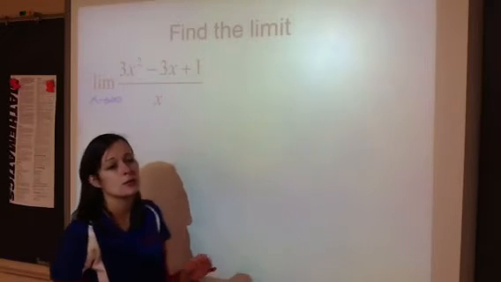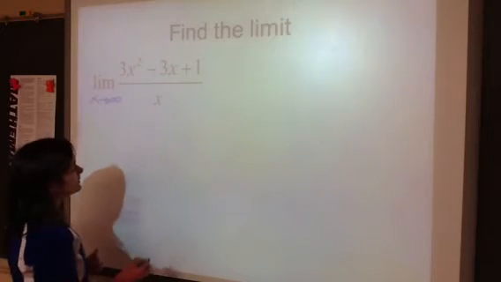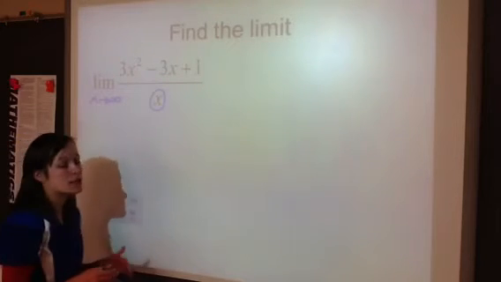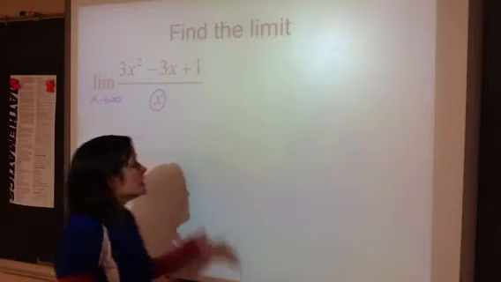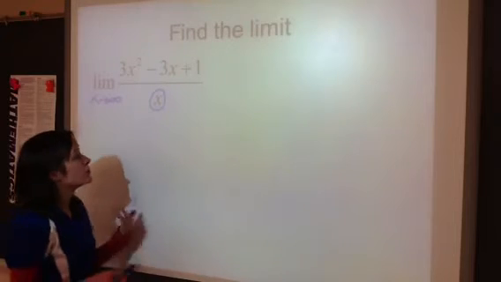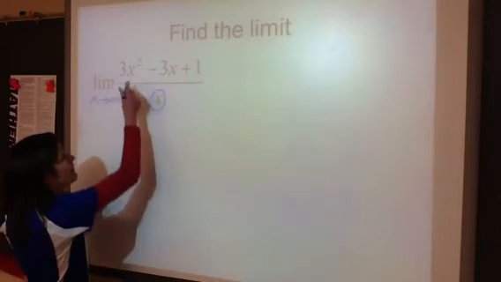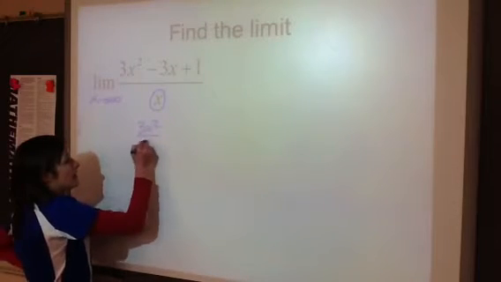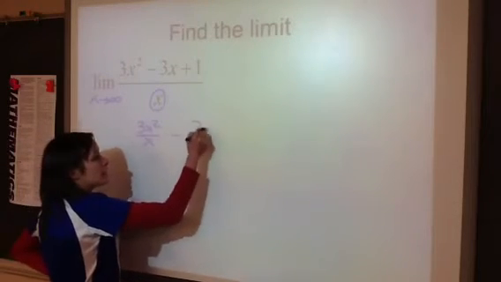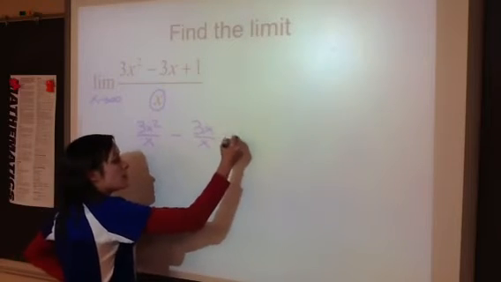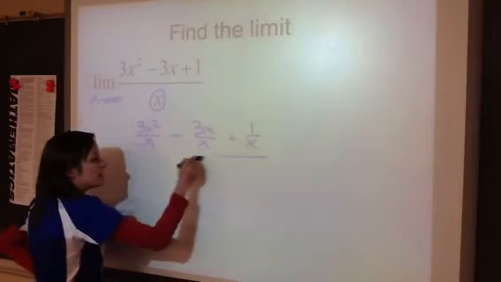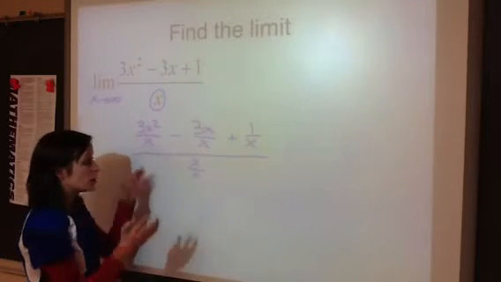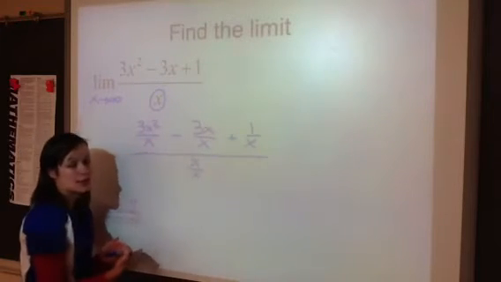So what we need to do is divide each term by the x to the highest power in the denominator. Our denominator is just x. So for this example, we're just going to divide every term by x. So 3x squared divided by x minus 3x divided by x plus 1 over x, all of it over x divided by x. I took every term and divided by x, as you can see here.